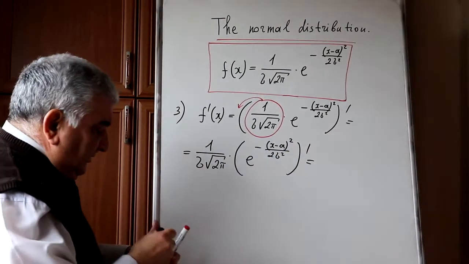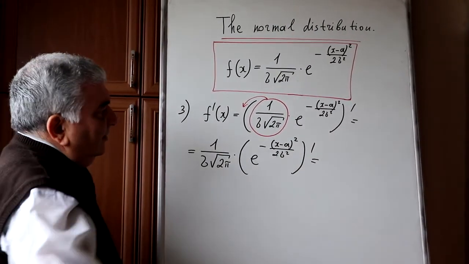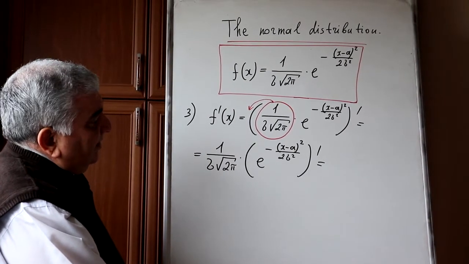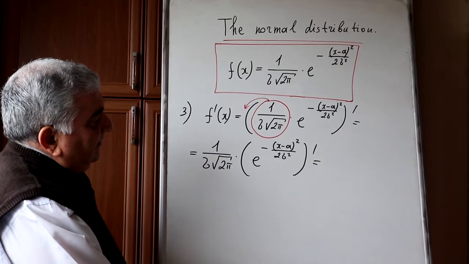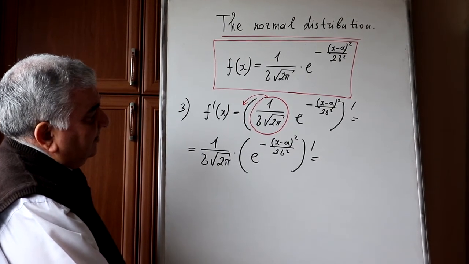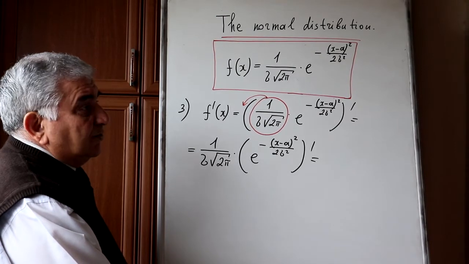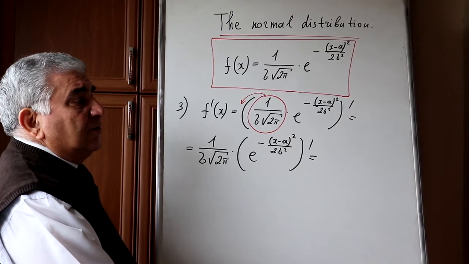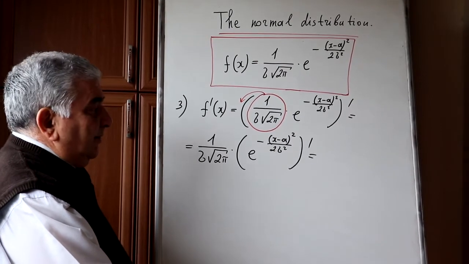Then it is the composite function, and it can be represented as e raised to u. E to u prime is e to u multiplied by u prime.